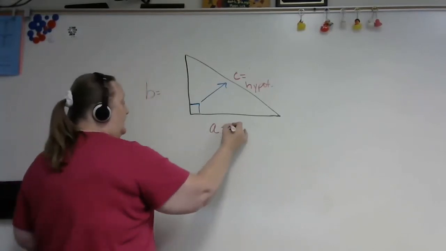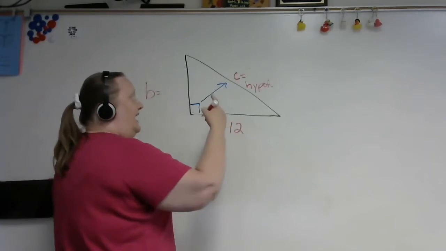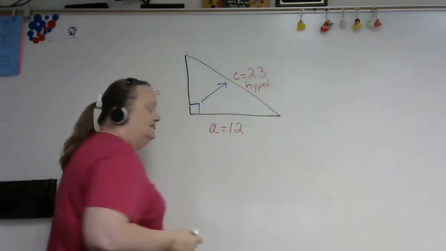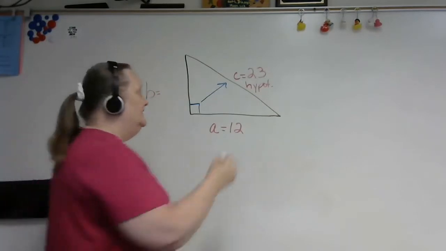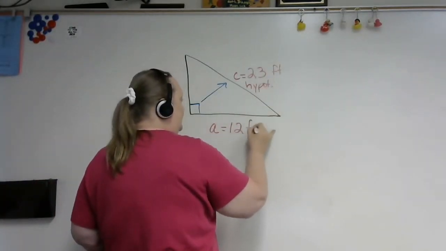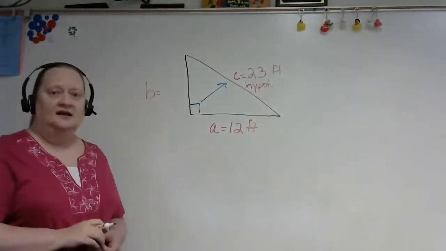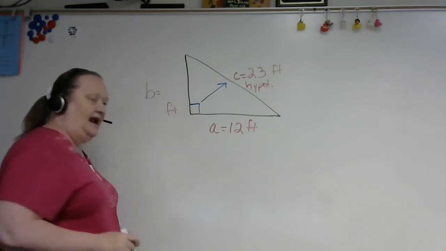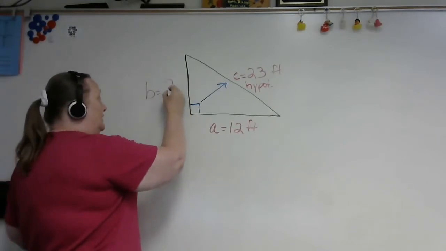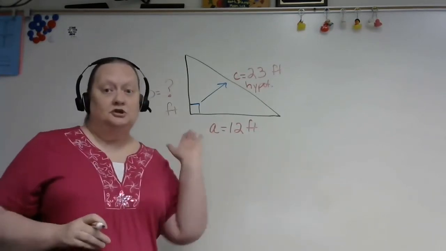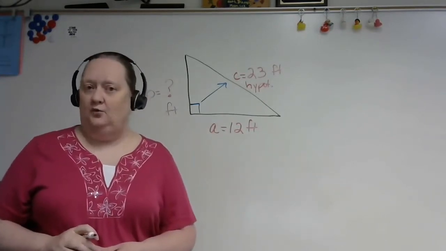If it gives you a unit, like 23 feet, 12 feet, then we would want to write feet with our answer here. And in this case, we don't know what the other leg is. Notice that if it gives you words, you should draw a triangle to go with it.